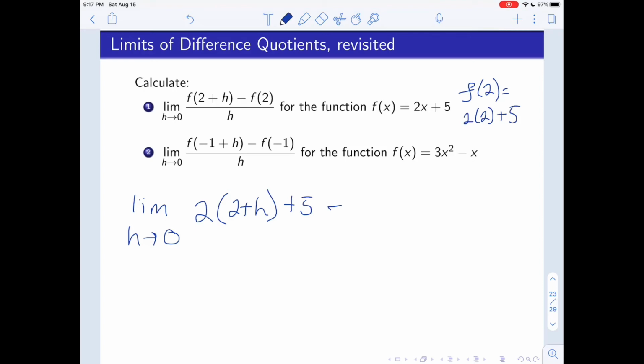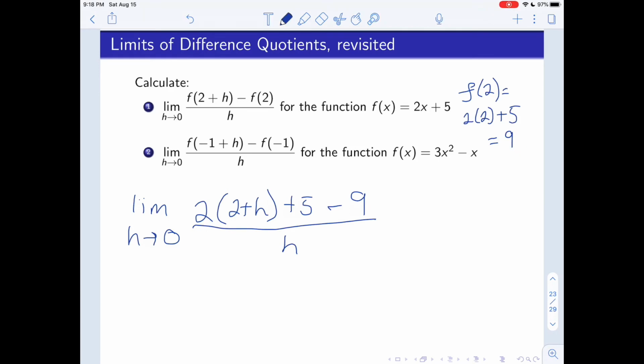So that means that I'm going to need to subtract 9. And then all of that has to go over h. That 9 right there, that's what goes for our f of 2, because we came off to the side and figured out that f of 2 was just 9.